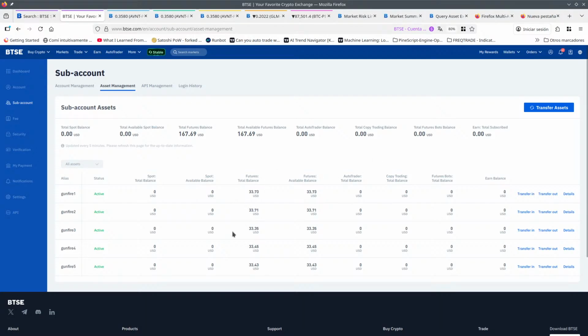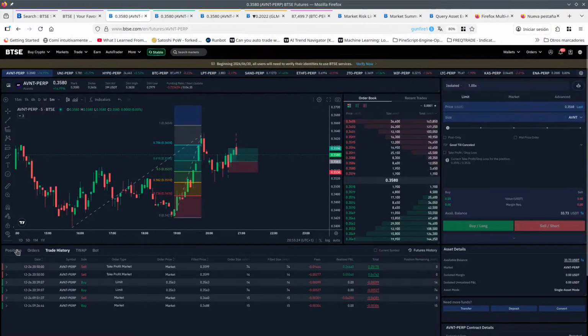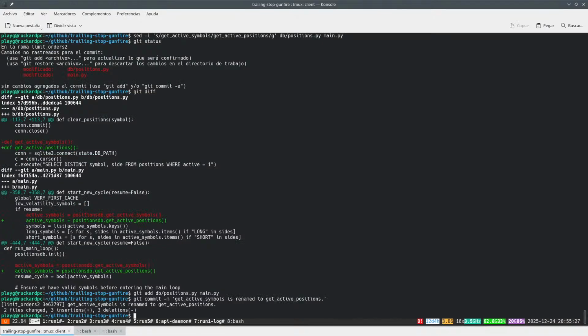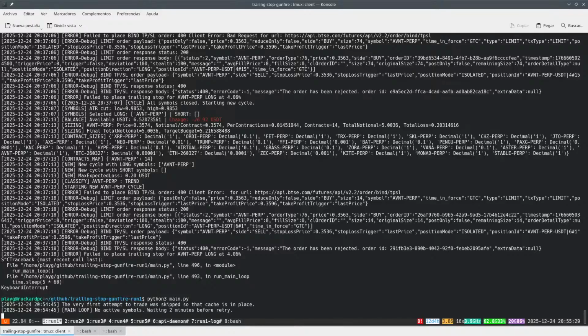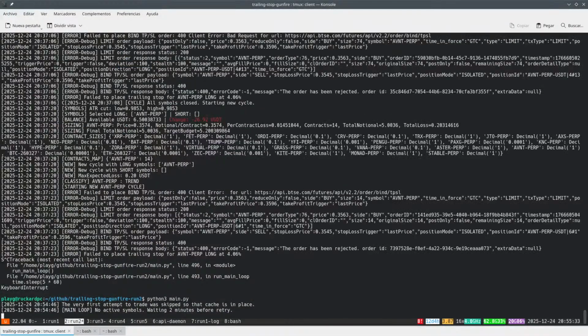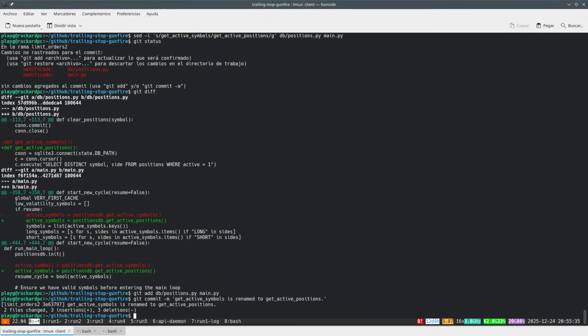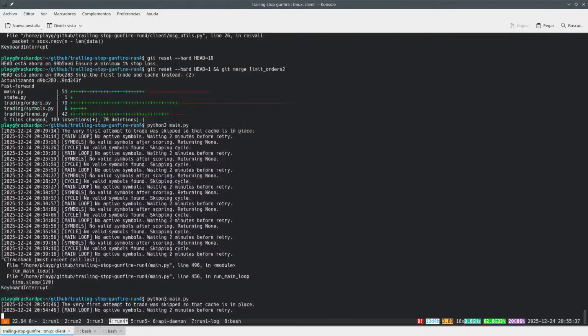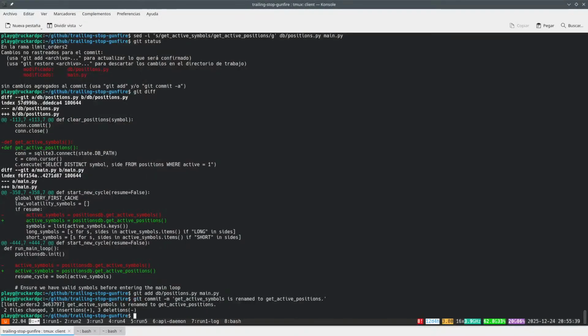So right now you can see how these ones have a little more of whatever, and now it's just going to wait 2 minutes before we try and see what happens.